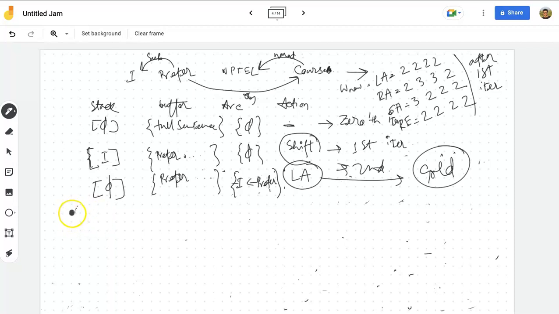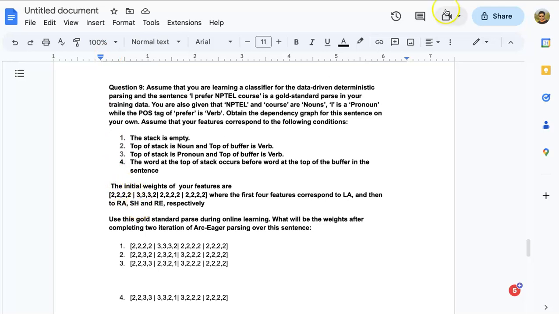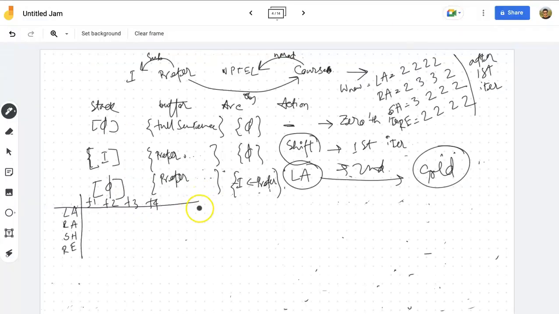The actions are left arc, right arc, shift, and reduce. Let's check the features for each of these.